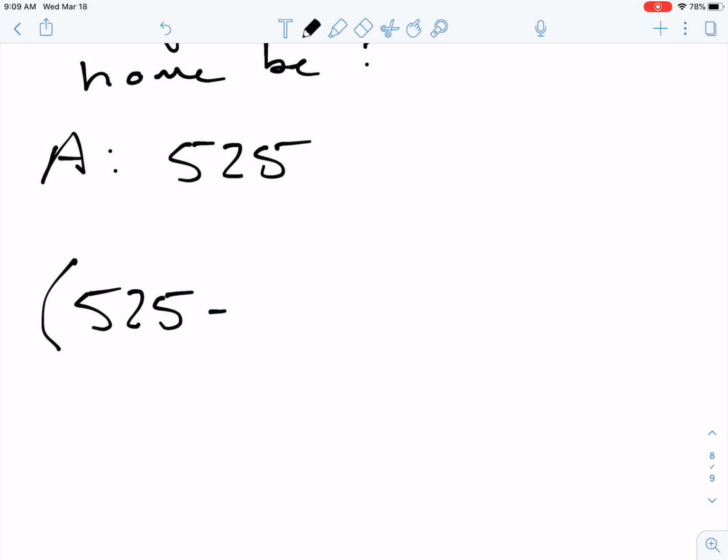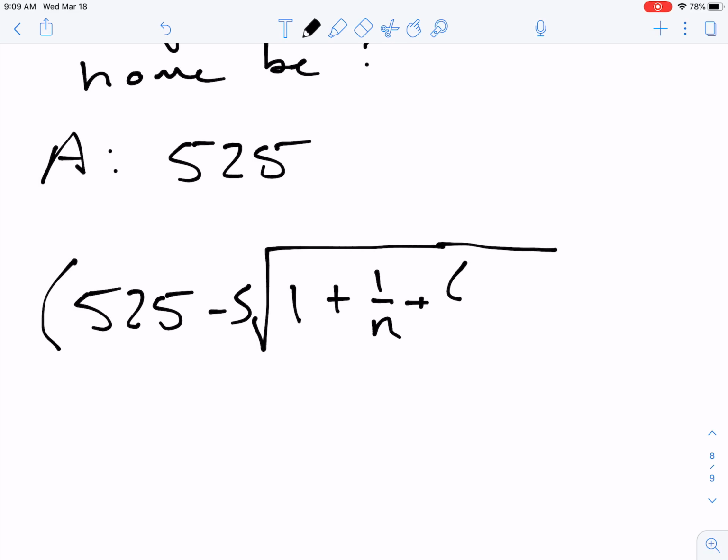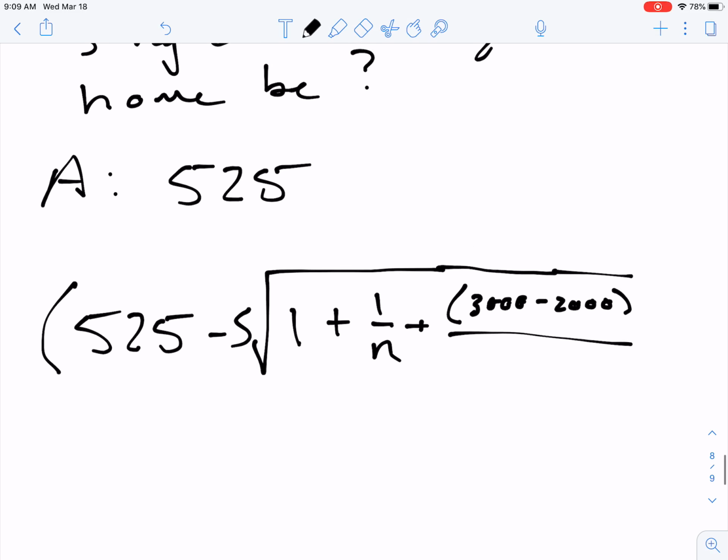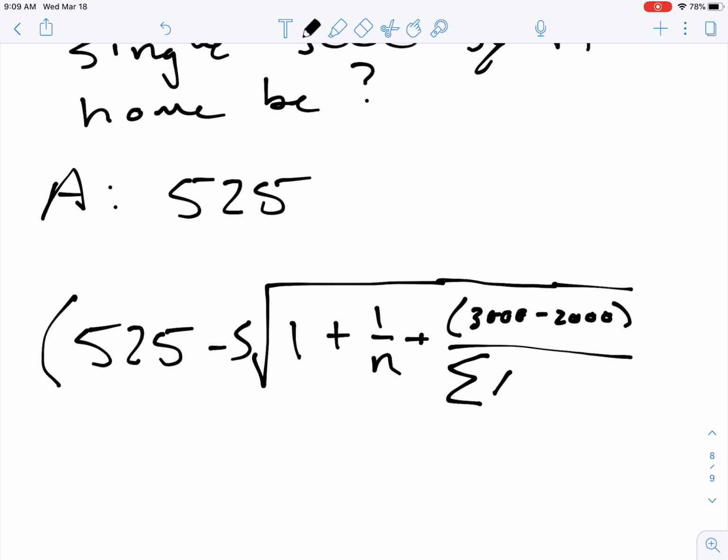525 minus t alpha over 2 times s square root of 1 plus 1 over n. So that's the same thing we got before, but now we have to add our penalty for not being at the mean, plus 3,000 minus 2,000 over the sum of x i minus x bar squared.